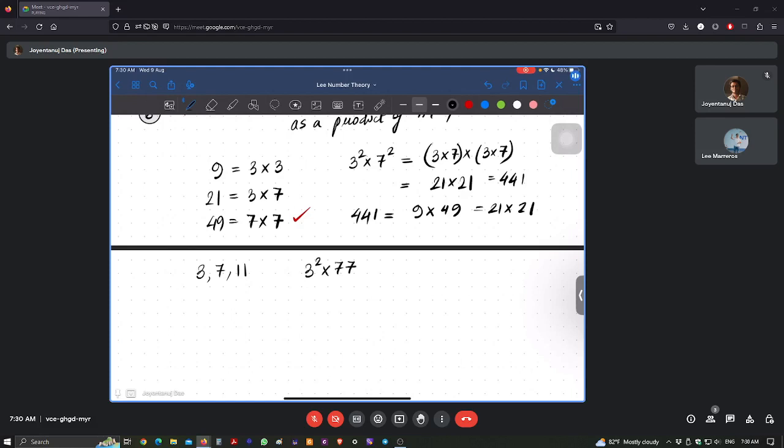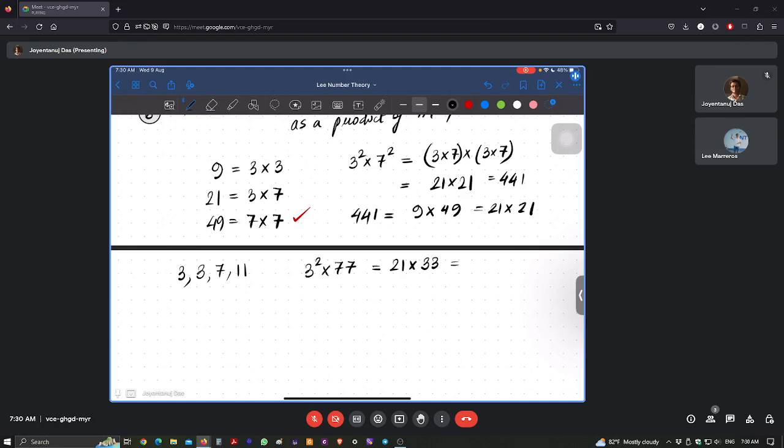So 77 is also 4k plus 1, because 76 is divisible by 4. Then I can take 3 and 7, which is 21, and 3 and 11, which is 33. That is also 4k plus 1. And since 3, 7, 11 are not in M, these things will work.